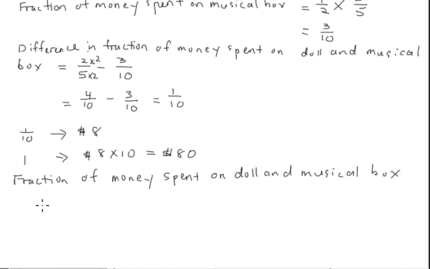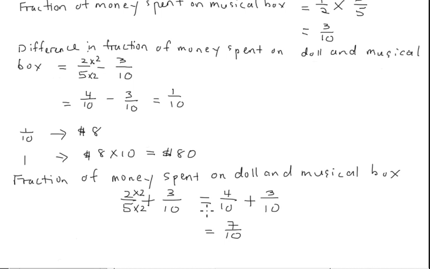Right, and this will be equal to 2 over 5 plus 3 over 10. I need to multiply this 5 by 2 to make it 10, and so 2 over 5 becomes 4 over 10 plus 3 over 10, and this is equal to 7 over 10.